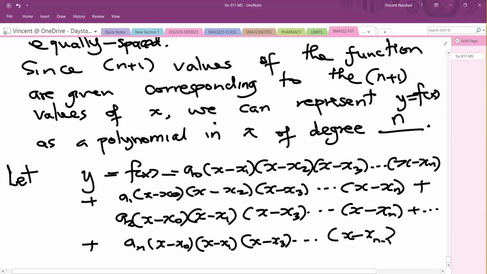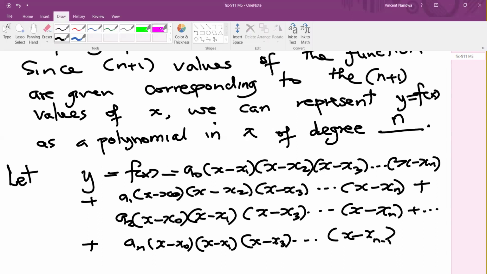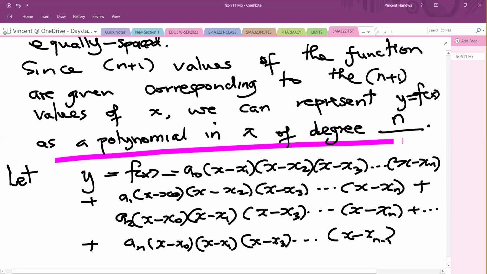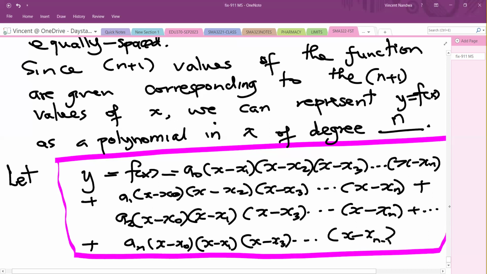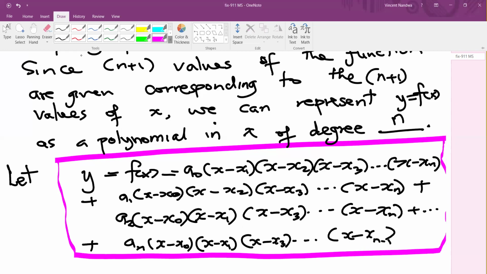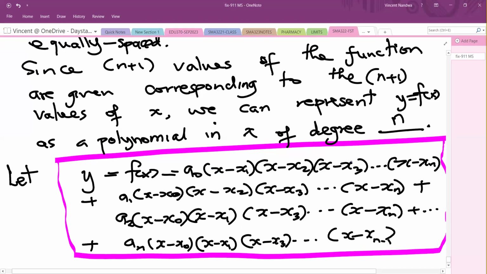I hope you have discovered what is happening on how we are representing our n degree polynomial for this case. When the coefficient is ai, then in that product, we don't have x minus xi, okay? In the first term, we have the coefficient a naught, but in this product there's no bracket with x minus x naught.